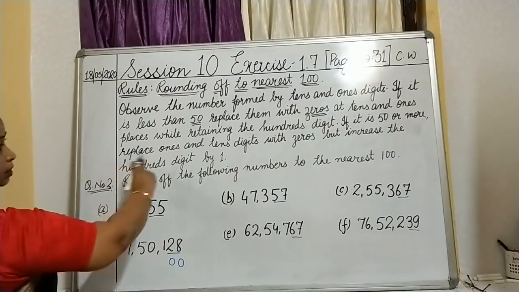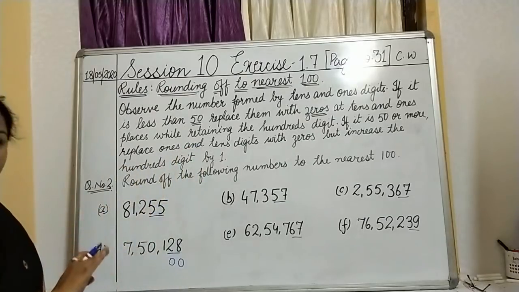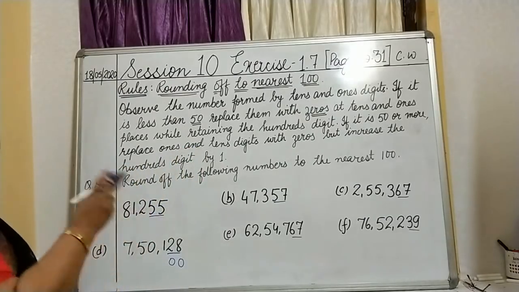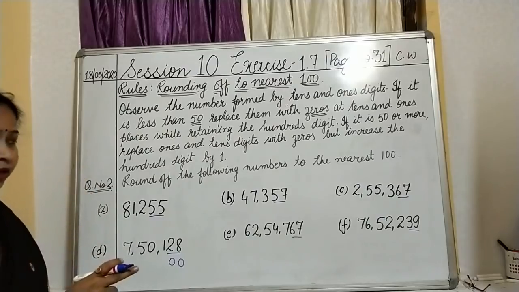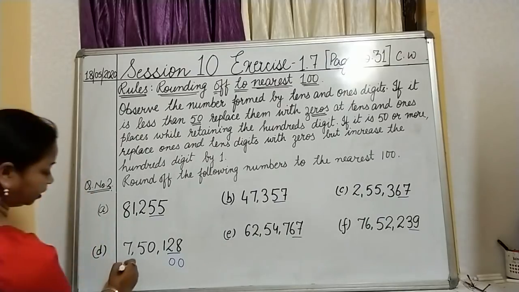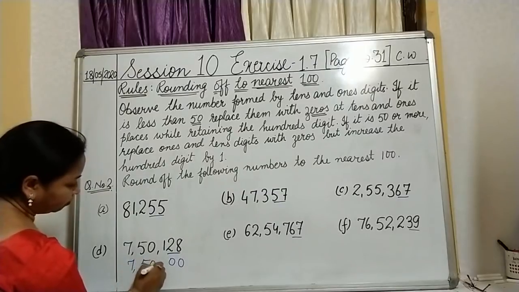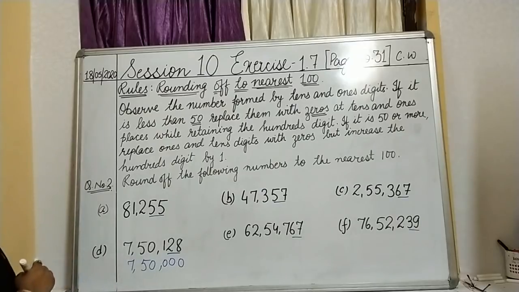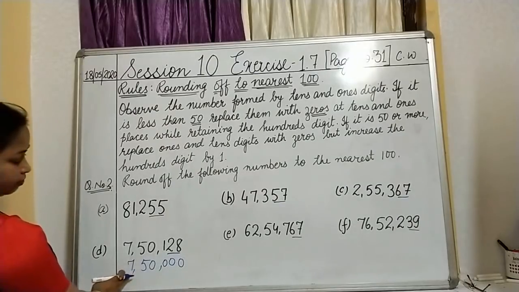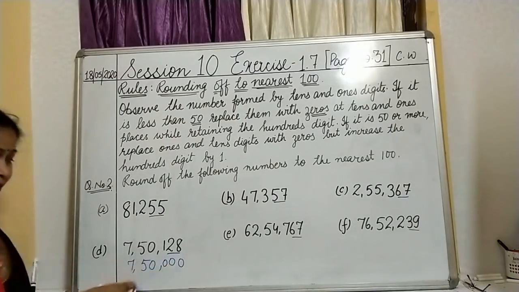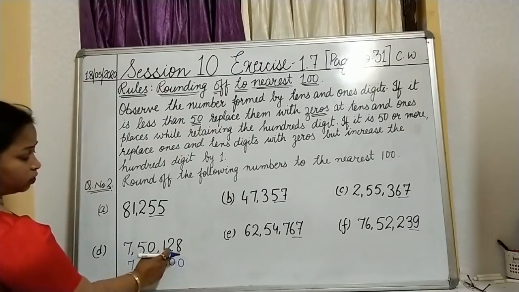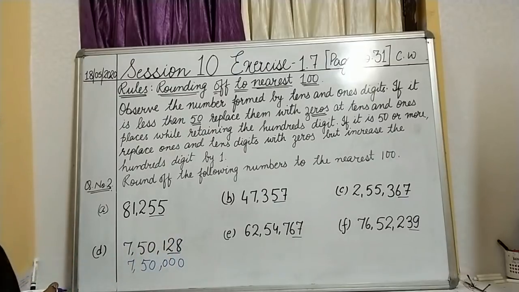No. Other places will be as it is, and the digit which is at 100 place will remain as it is. Okay, so the number changes to 7,50,000. Why is it? Because 28 is less than 50.